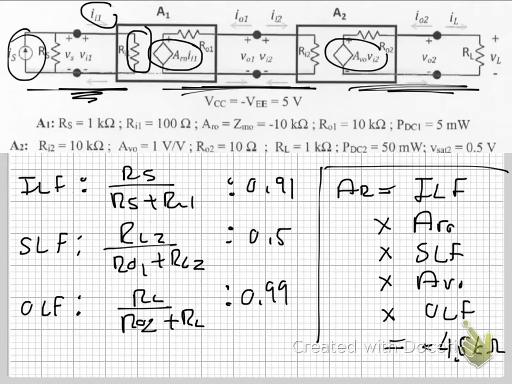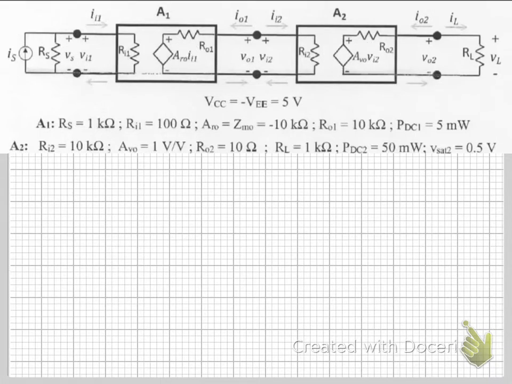You can punch in all the numbers and that's what you get. So we found our transimpedance gain to be negative 4.5 kilo ohms, and this is equal to your output voltage over your input current.